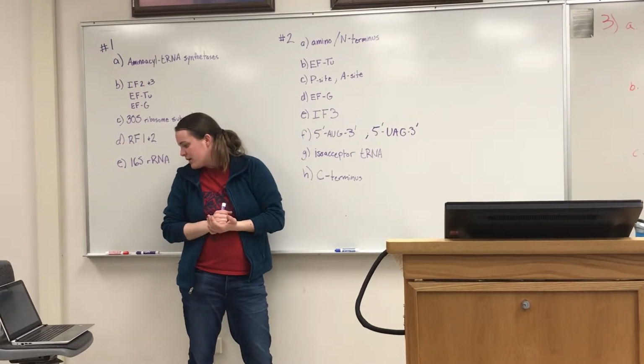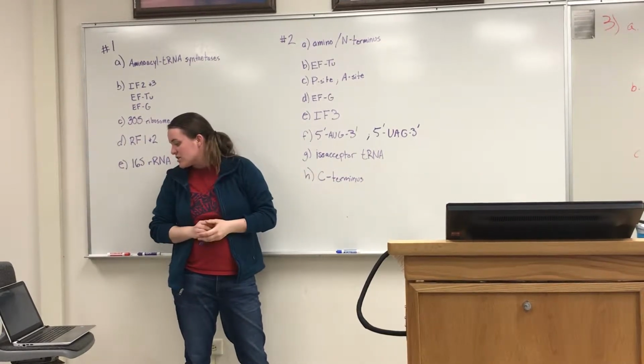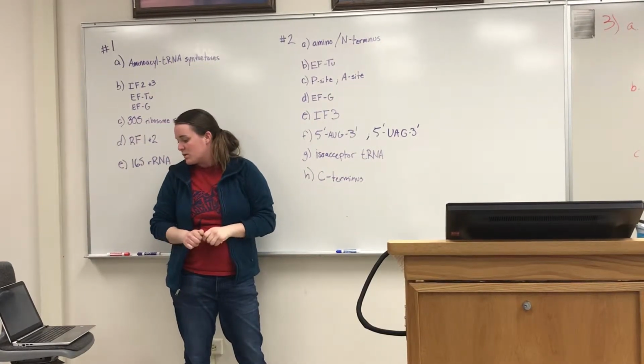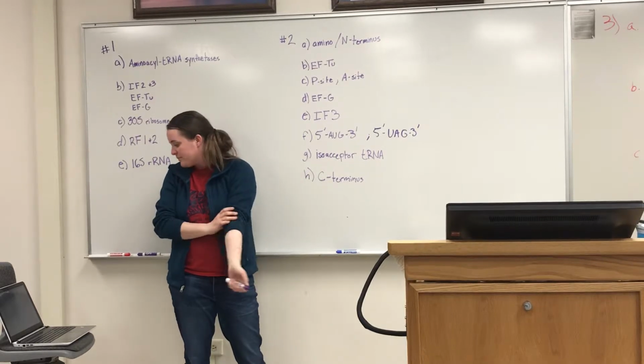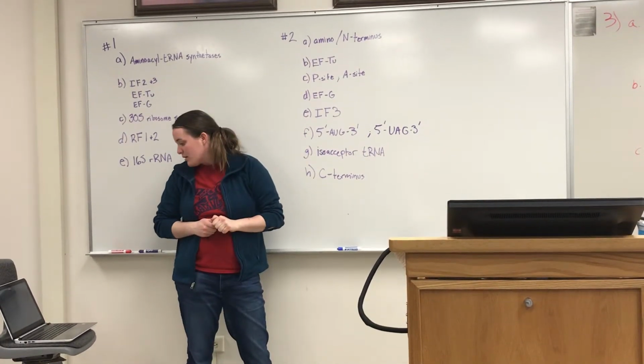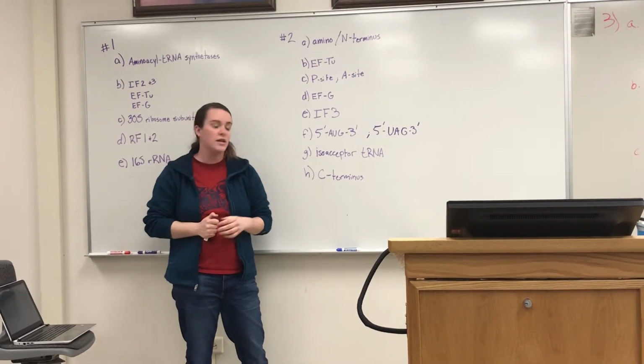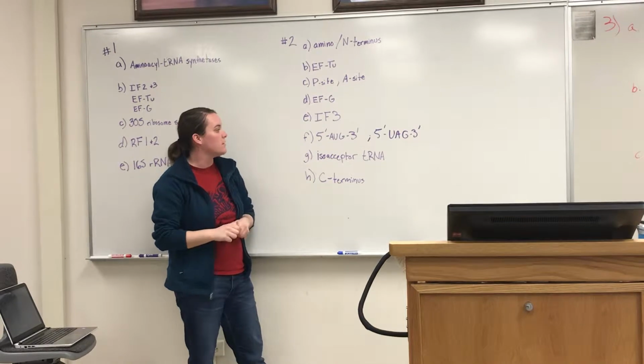And then for D, we got EFG, which is a translation factor that helps the ribosome move 1 codon in the 3' direction. And then EIF3 is a translation factor that guides our mRNA to the 30S ribosome subunit.